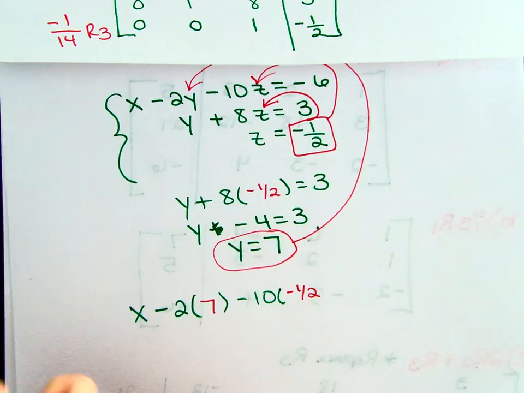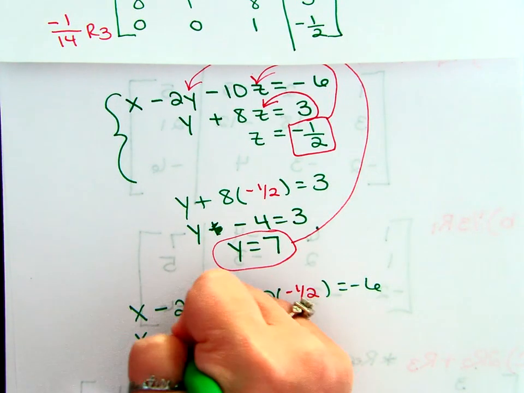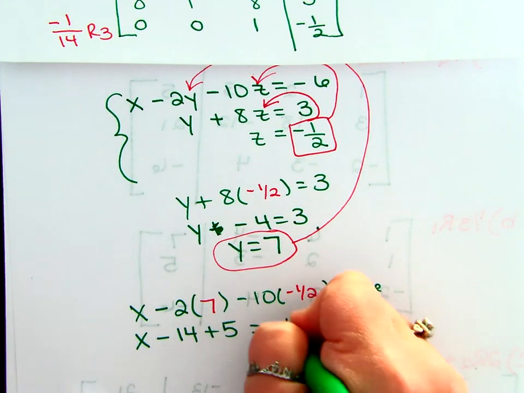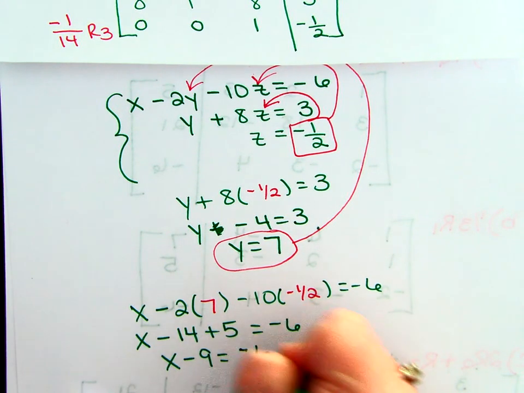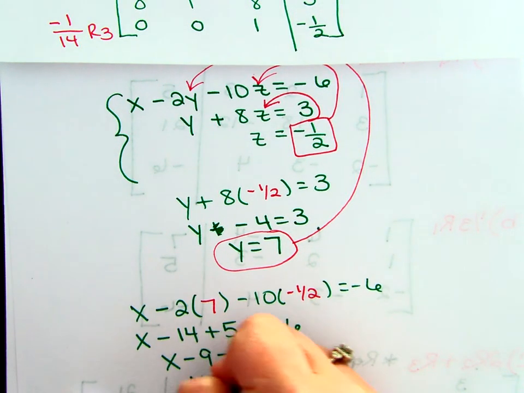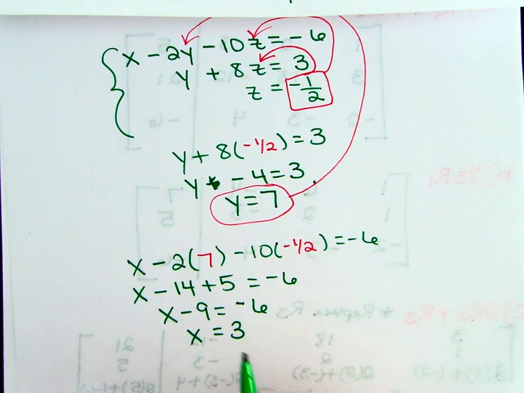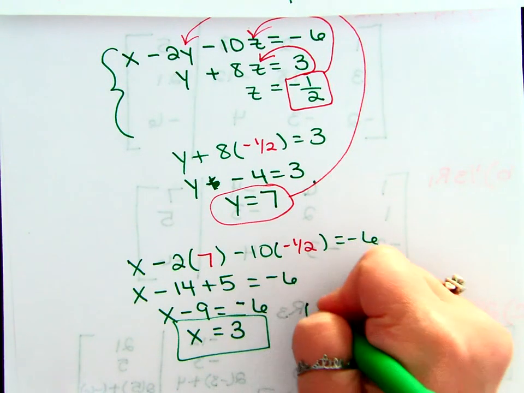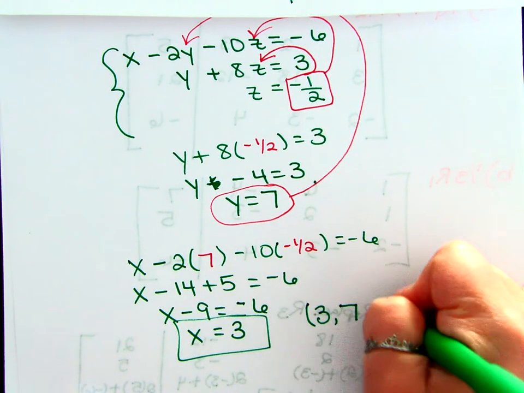So x minus 14 plus 5 is negative 6. X minus 9 equals negative 6. X equals 3. And we have an ordered triple of 3, 7, negative 1/2. It's not an ordered pair anymore because we have 3 numbers. We call it an ordered triple.